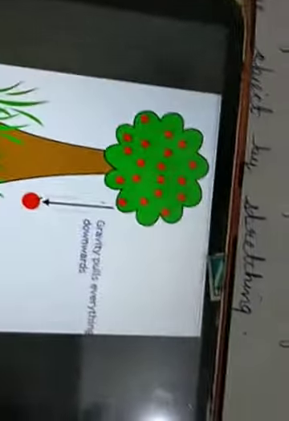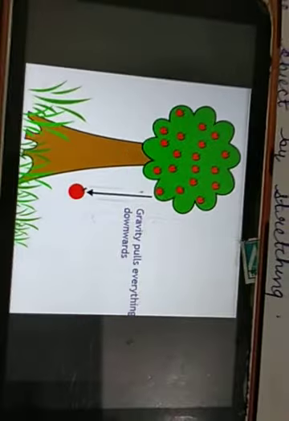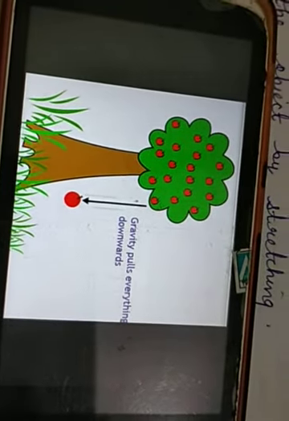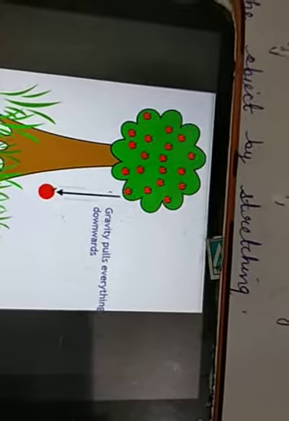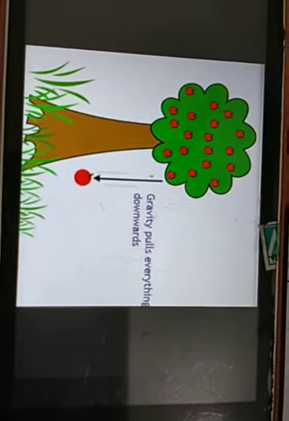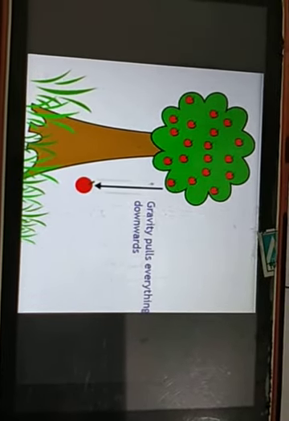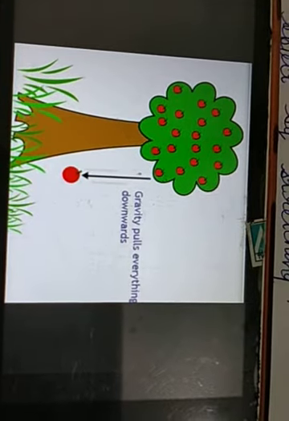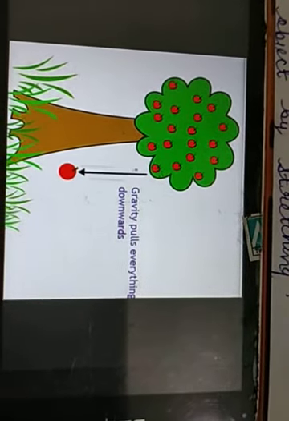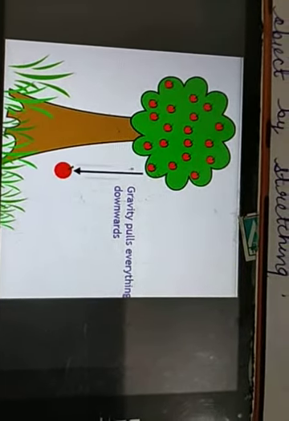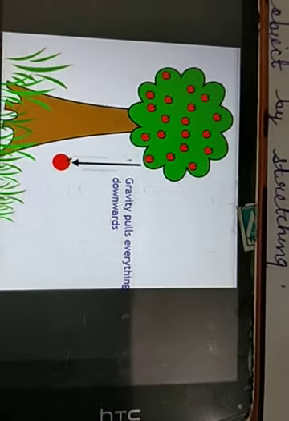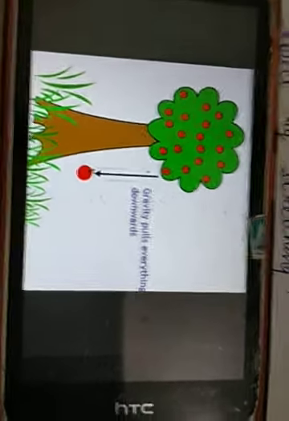In this, what is happening is that the apple is falling down. So it shows that whatever things are in the atmosphere, they always come towards the surface of earth. And which force plays an important role here? That is gravity, and that force is known as gravitational force.